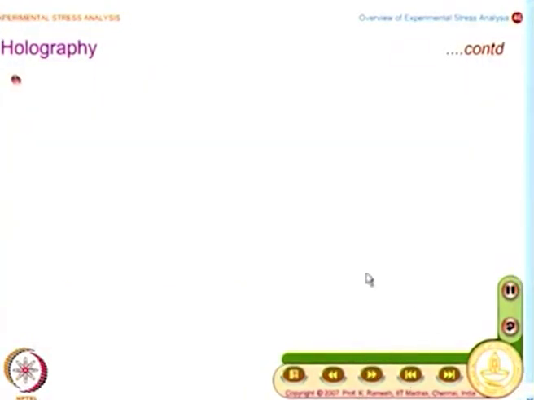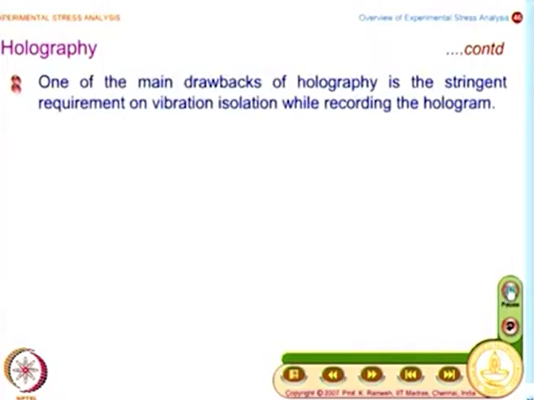And what is the restriction in holography? Holography demands vibration isolation. So, we will have to have a look at what is the optics that I use and why it dictates vibration isolation.